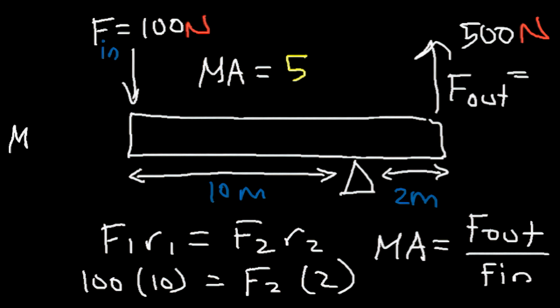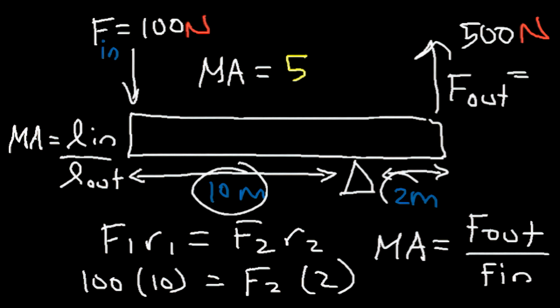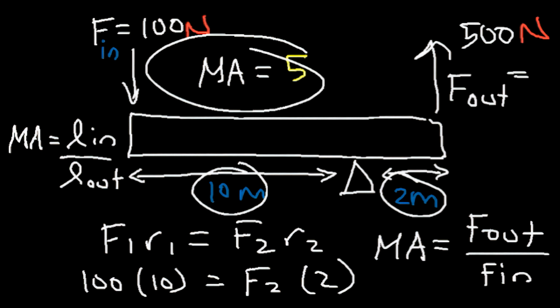Now, mechanical advantage can also be defined as the input distance divided by the output distance, or the input lever arm over the output lever arm, which is 10 divided by 2, and that gives you 5 as well. So that's how you can calculate the mechanical advantage of a simple machine.